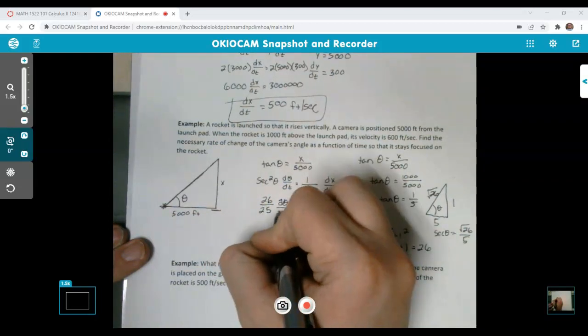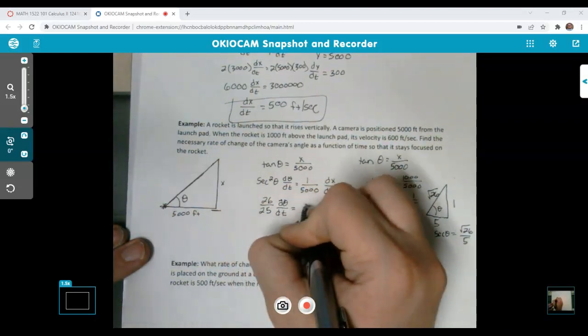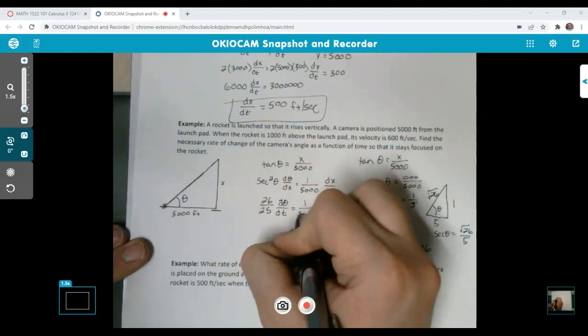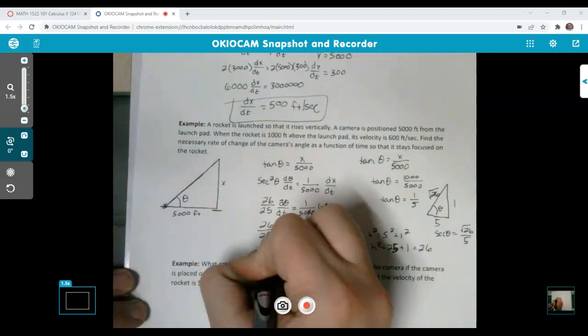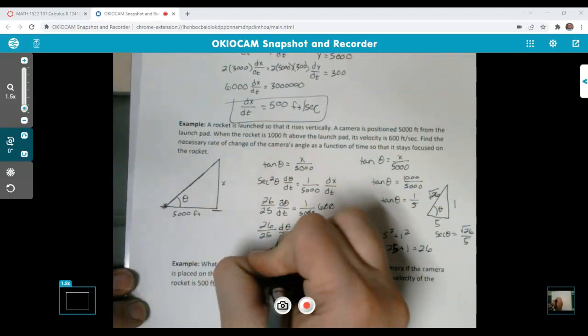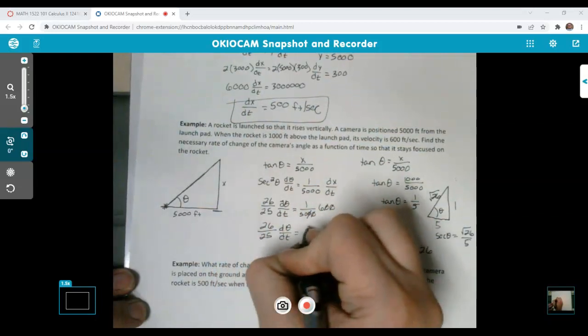d theta dt is what I want to solve for. Equals 1 over 5,000 times the rate of change of the height, which they already said is 600. So now I just have to solve this for d theta dt. 600 over 5,000, we can reduce that. 6 over 50 is like saying 3 over 25. So 26 over 25 d theta dt is equal to 3 over 25.